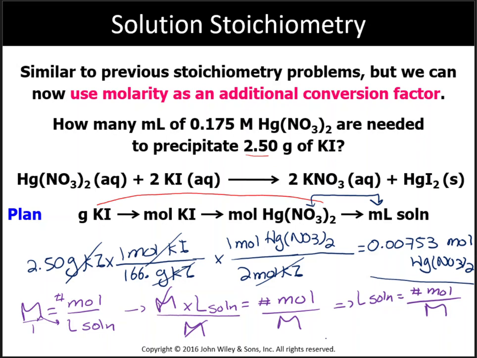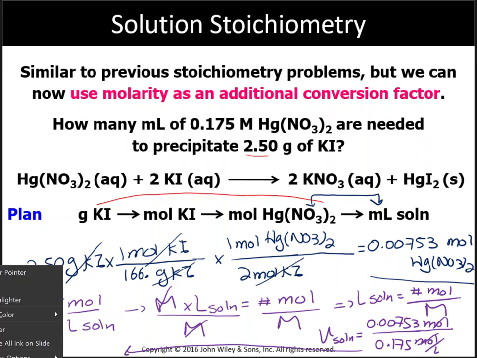So in order to find the volume of the solution, you get the number of moles of mercury 2 nitrate divided by the molarity, which is 0.175 mole per liter. Mole and mole cancel out. I don't have room, so I'm going to write the final answer here.